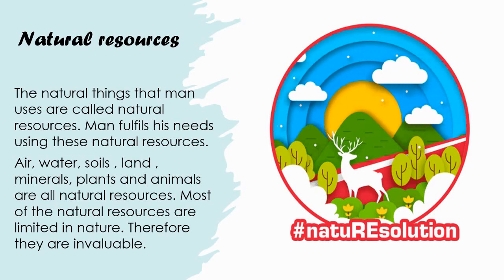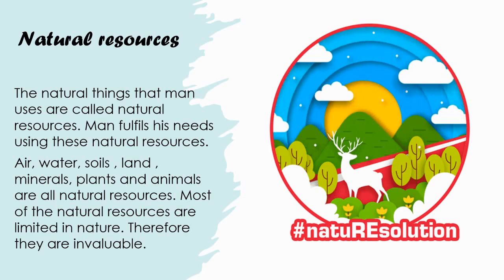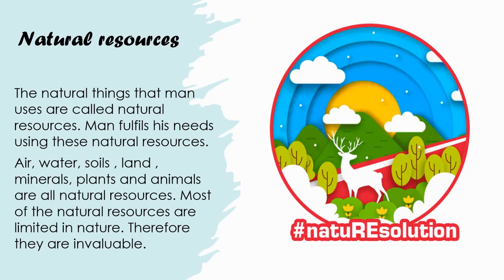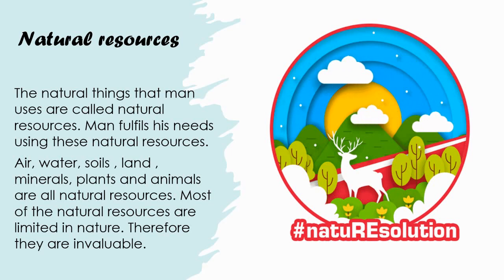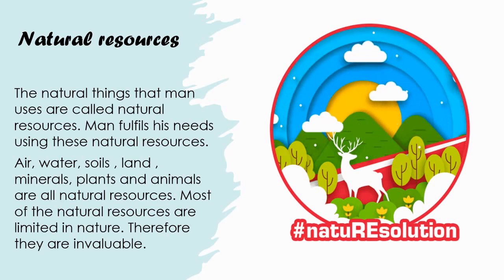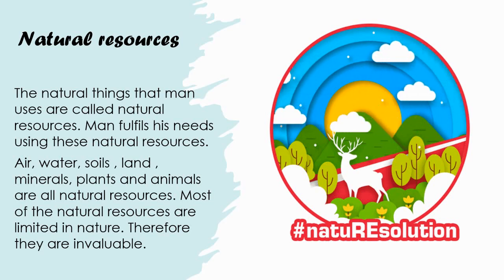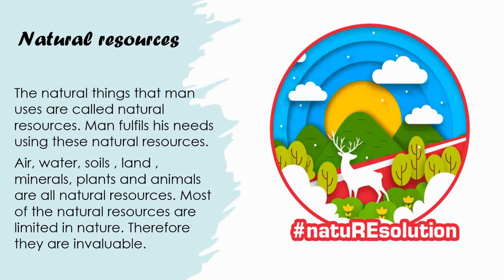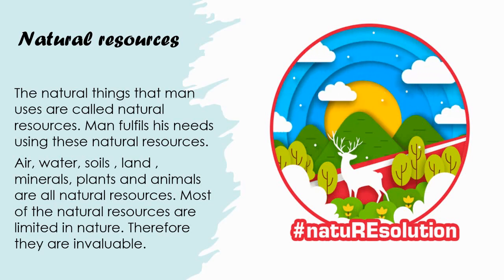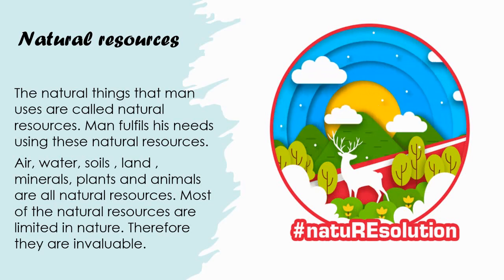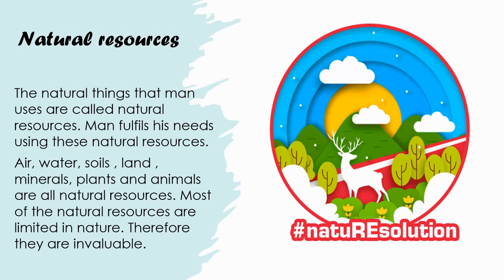Whatever needs we have, our basic needs like food, clothing, shelter, all these basic needs are especially dependent on the natural resources. We cannot have food without depending on nature. We get food from nature and then we can make different food items, but those are all with the help of nature only. Clothing, whether we use silk or cotton or any kind of fabric, we get the material necessary for making the particular cloth from the nature.